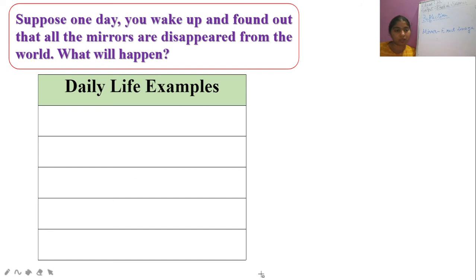That means we are not able to see our face, and we are not able to know clearly what the things are, and we are not able to see the phenomenon of reflection, and we are not able to bend the light direction.